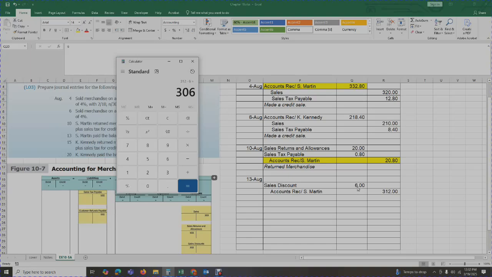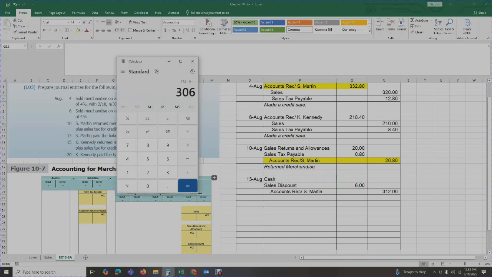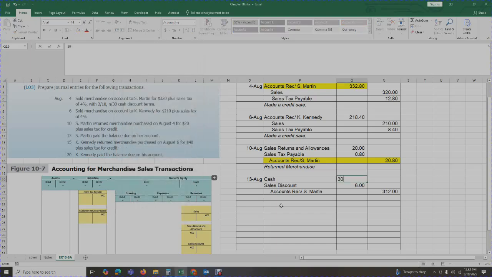So that means that the amount of cash that we received from Martin is $306. Remember, debits must equal credits. So the cash that Martin is going to pay me is $306. He's getting a discount of $6, and that will clear the total balance that he owes me of $312.